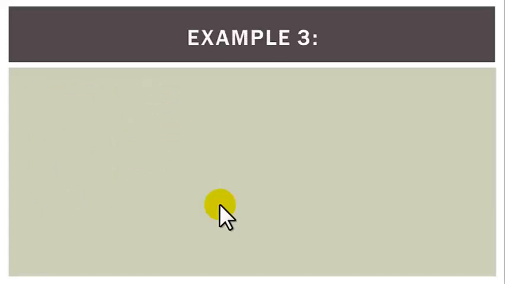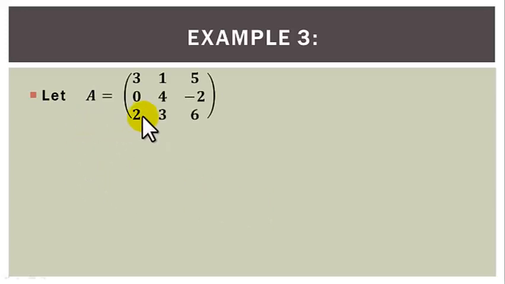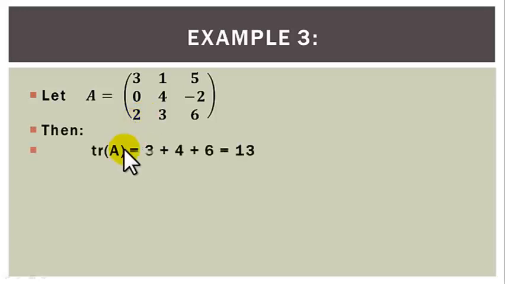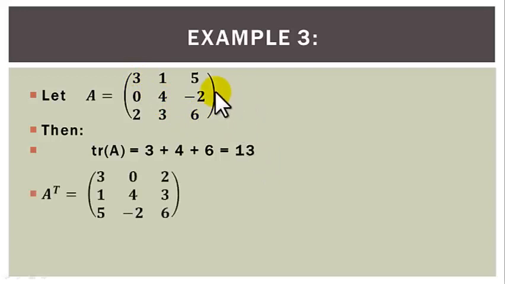Example 3. Consider this 3 by 3 square matrix. Then the trace of A is the sum of the leading diagonal elements, 3 plus 4 plus 6, which is equal to 13. Now let us transpose this matrix A to obtain this.